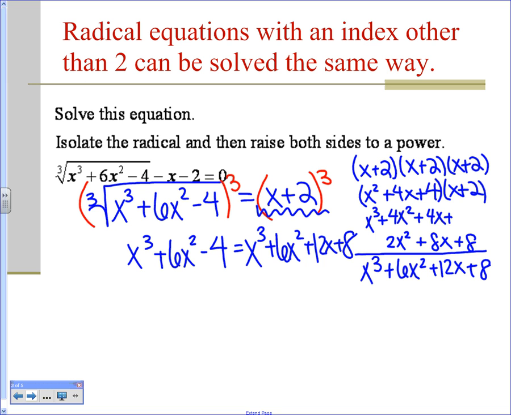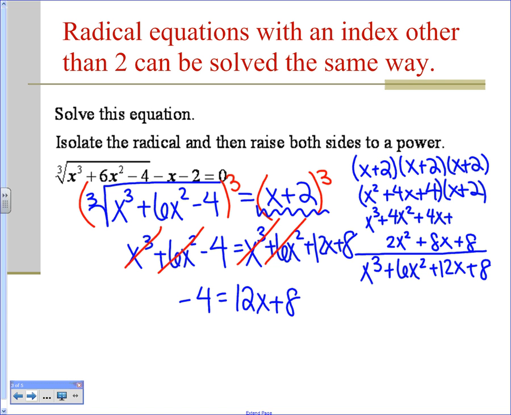Now what? Convenient, huh? X cubed and x cubed cancel out. 6x squared cancel out. So what are we left with? -4. Y'all see how that works?